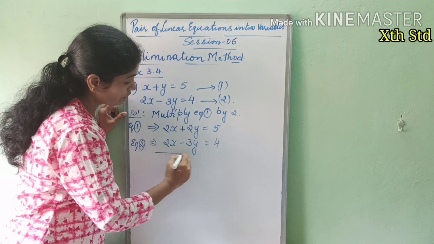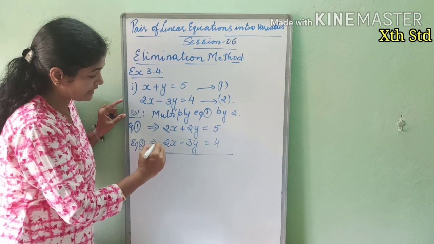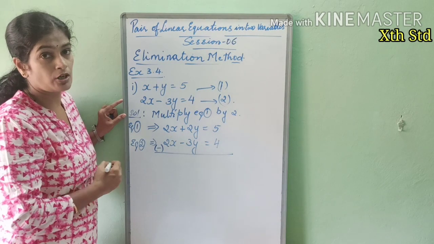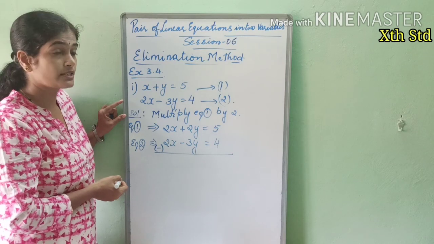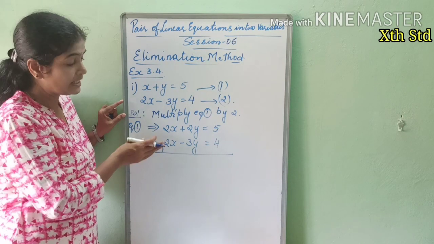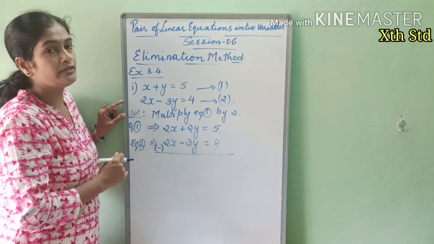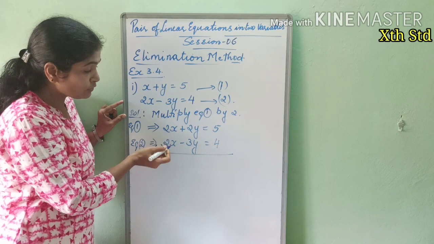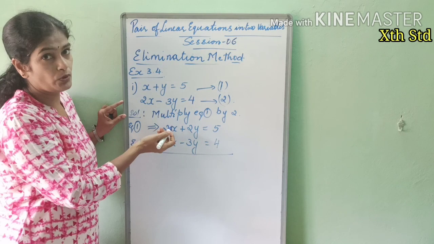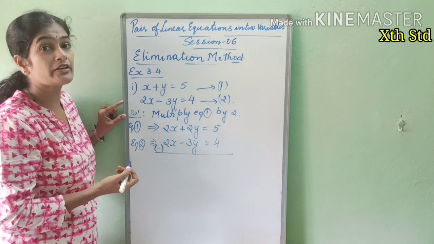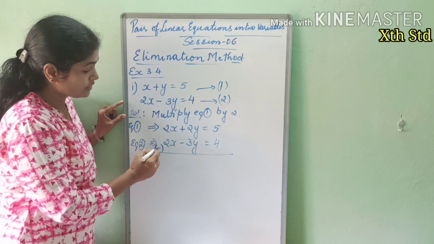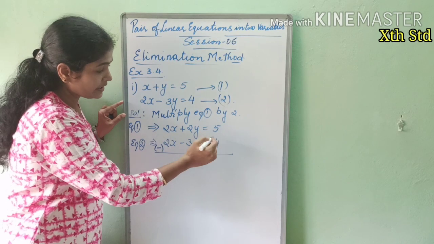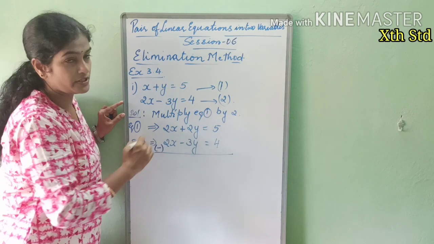Which operation to be done, addition or subtraction, depends on which variable we are eliminating. Here we have to do subtraction, because if we do addition, 2x plus 2x becomes 4x, and we are not eliminating it. So we are subtracting the second equation from the first equation.